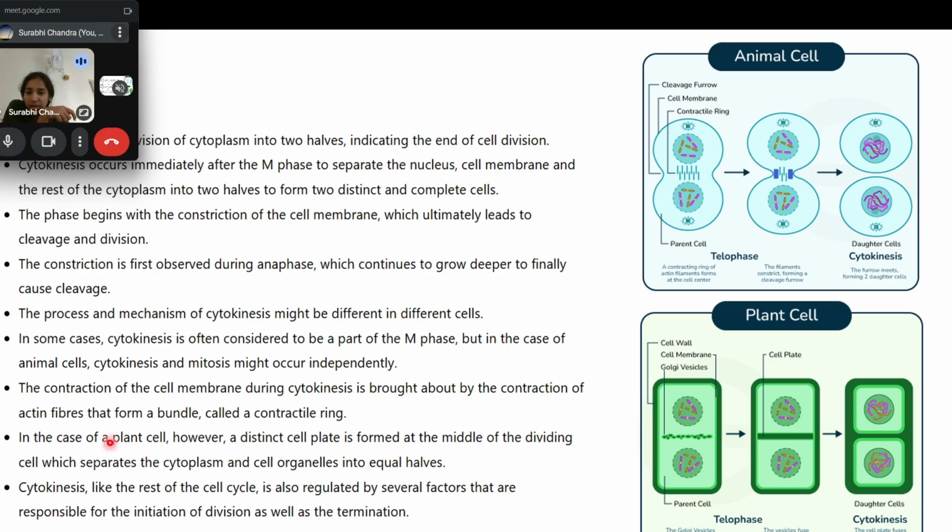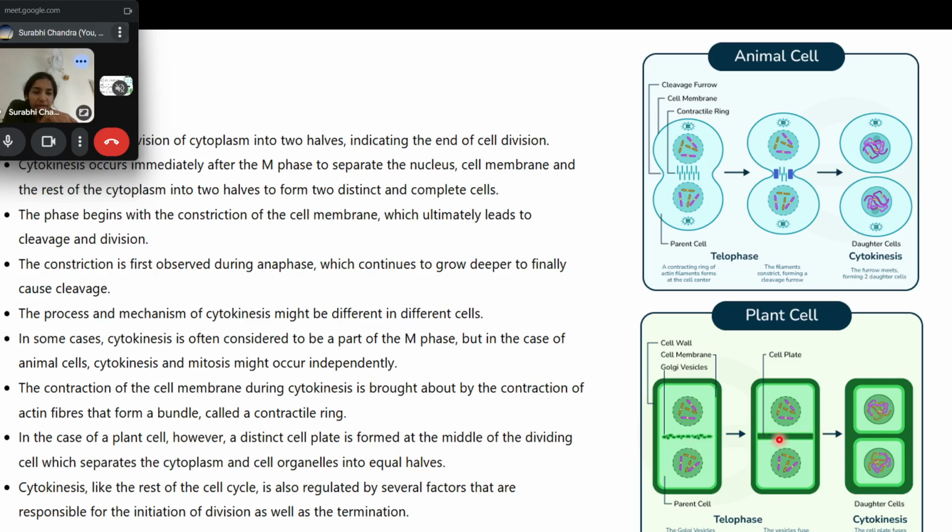The contraction of the cell membrane during cytokinesis is brought about by contraction of actin fibers that form a bundle called a contractile ring, this one here. Now, in case of a plant cell, a distinct cell plate is formed here.